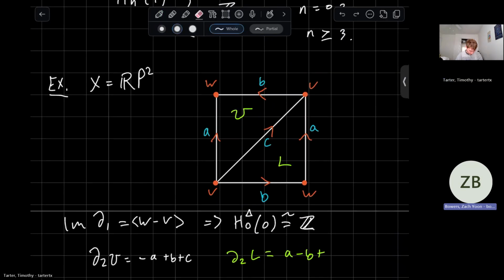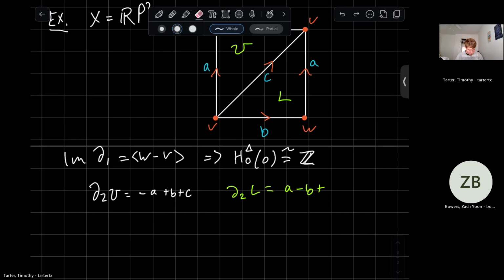Wait, no, the B's are flipped too. Oh, I wrote it wrong. That's why. Hold on, I flipped it.